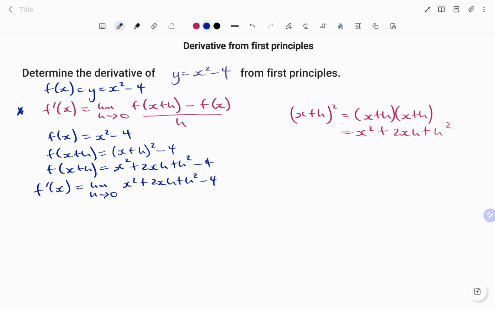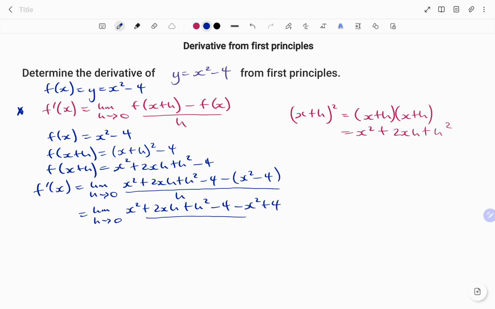My f of x, I'm going to put that in a bracket, x squared minus 4, because it's an expression with more than one term, over my h. If I open up the bracket, I'm going to have limit h tends to 0, x squared plus 2xh plus h squared minus 4 minus x squared plus 4 over h.